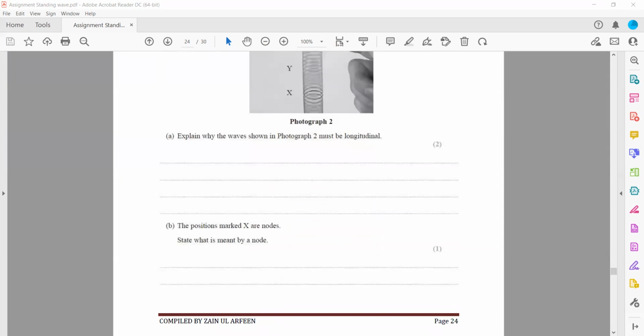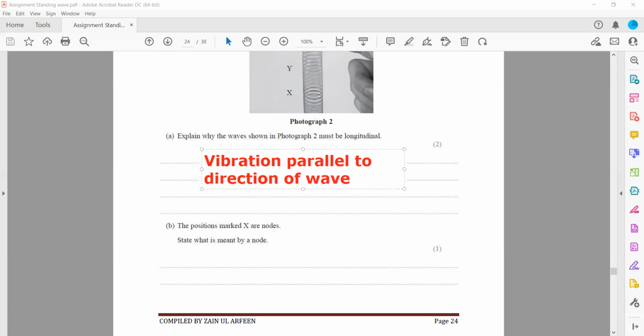That's why we call it longitudinal. One mark is for mentioning that the vibration is in the same axis or parallel, and the second mark is for mentioning the direction of the wave.